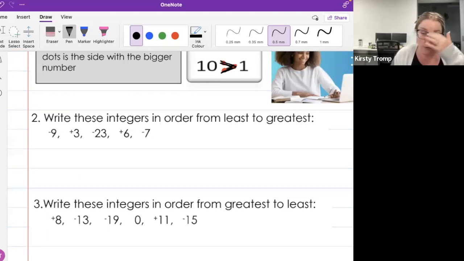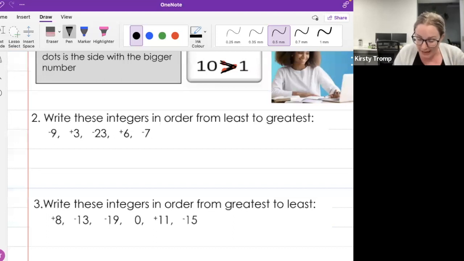Write these integers in order from least to greatest. If I'm doing from least to greatest, it's very important that we make sure we understand what those words mean. So least is another way of saying the smallest, and greatest is saying the biggest. It's very important we understand what those words mean first.